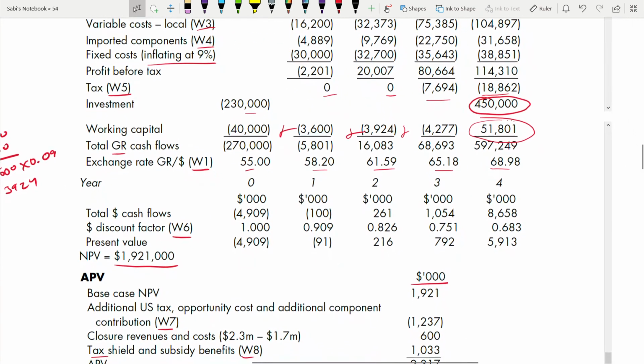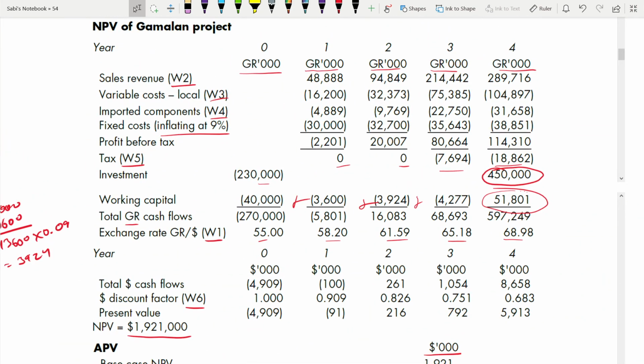So how do you do that? How are you getting the taxable profit?